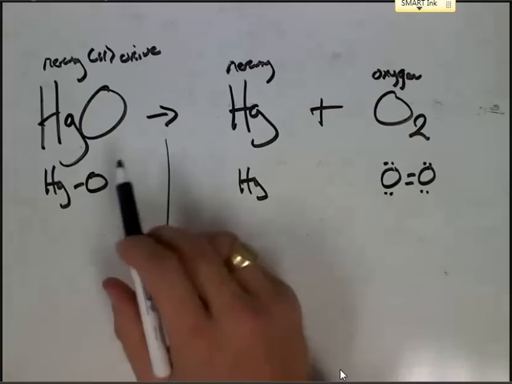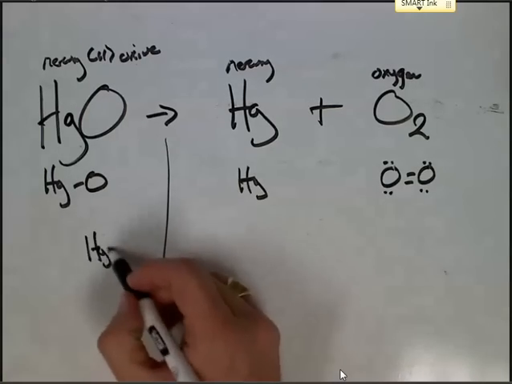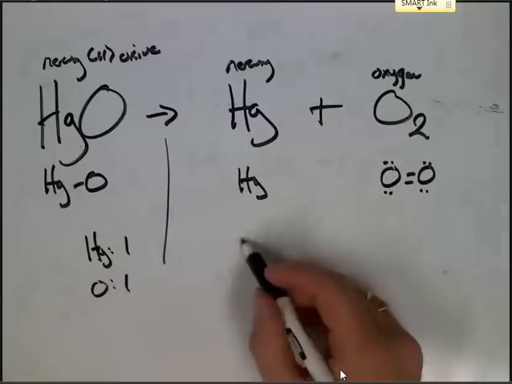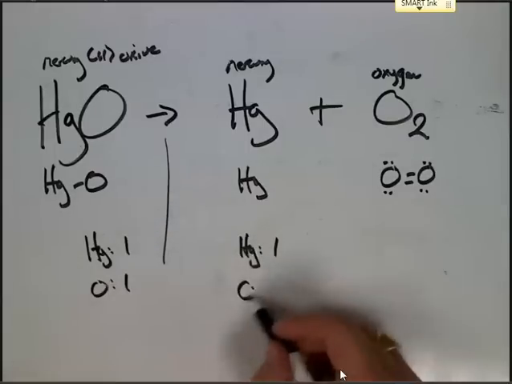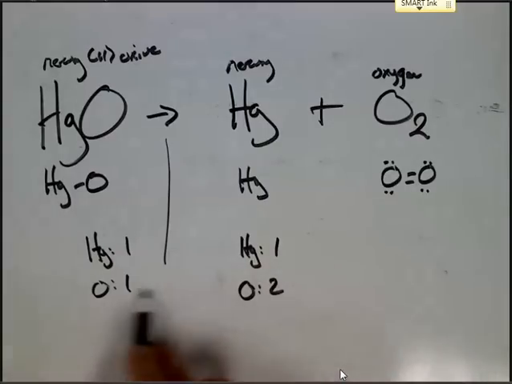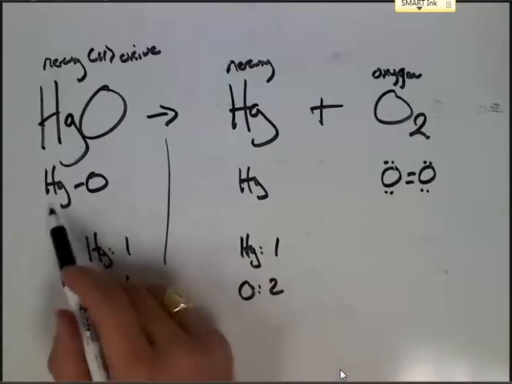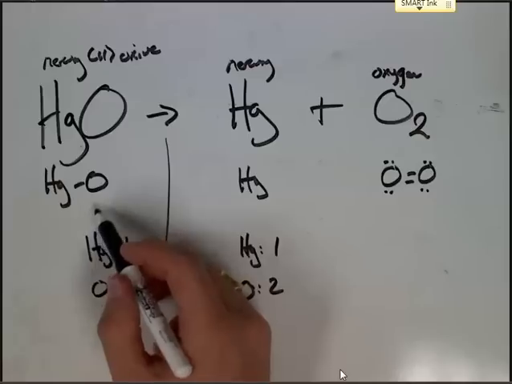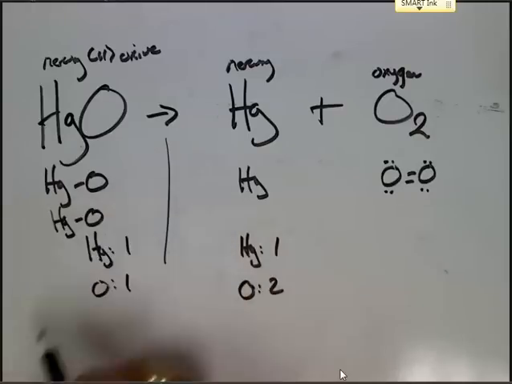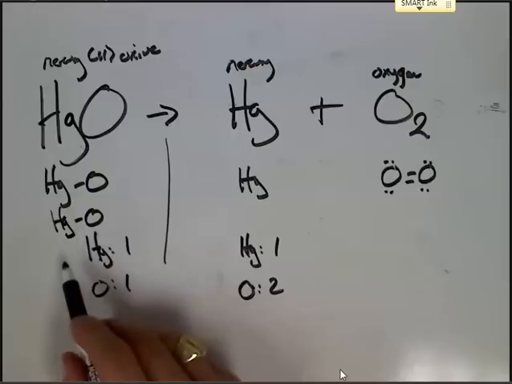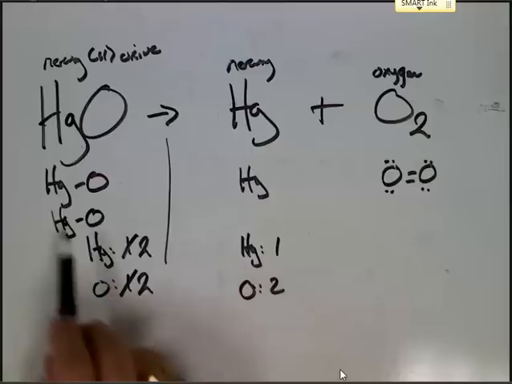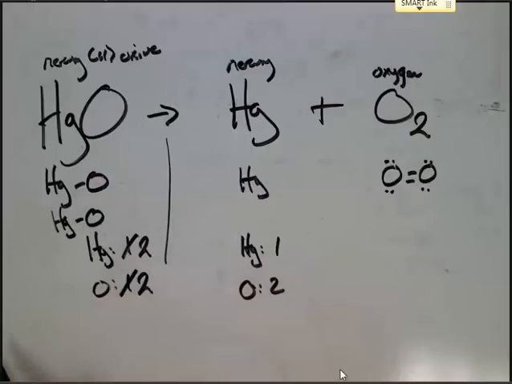What we notice right now is that my mercury, there is 1 of them, and my oxygen, there's 1 of them. Mercury over here, there's 1, oxygen, there's 2. Obviously this is a problem. I need another oxygen. I also can't decide just to add another oxygen, so to get another one, I've got to use an entire new unit of HgO. Now I've got 2 of these, and I've got 2 of these. 2 mercury, 2 oxygen.